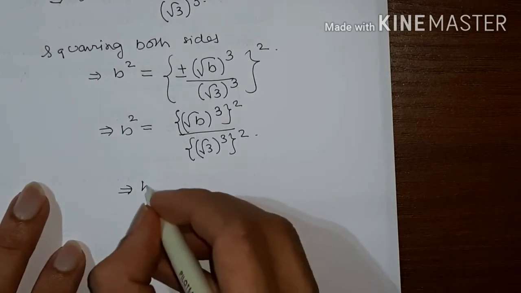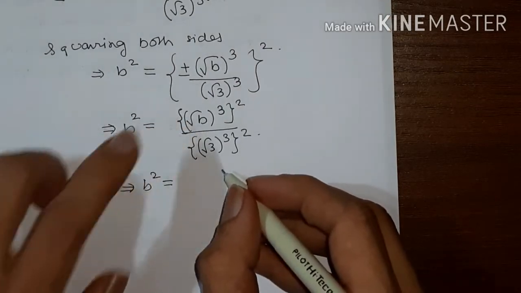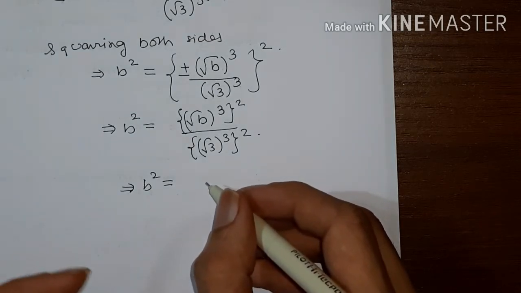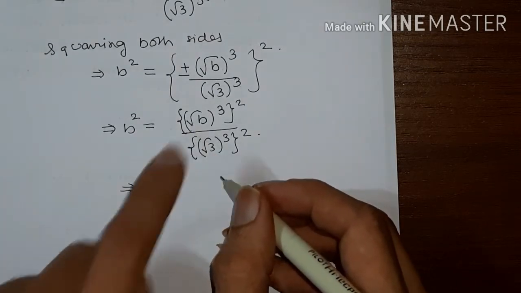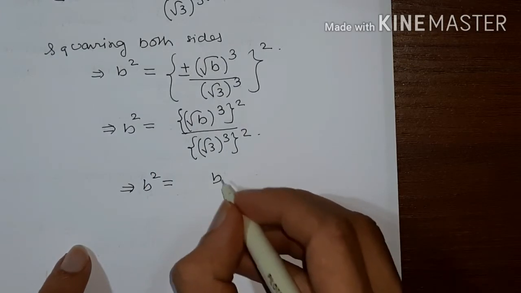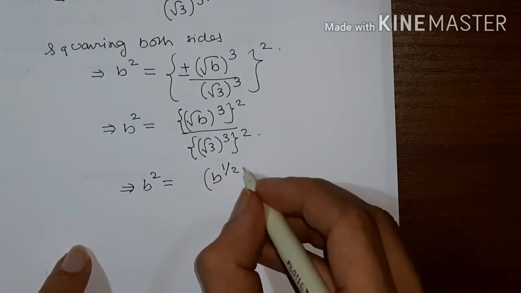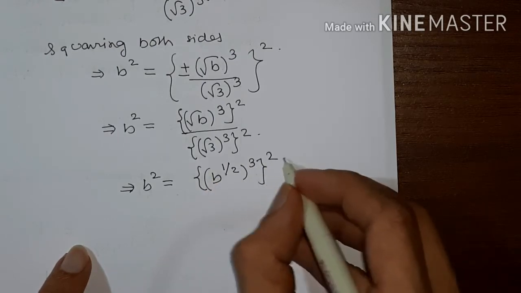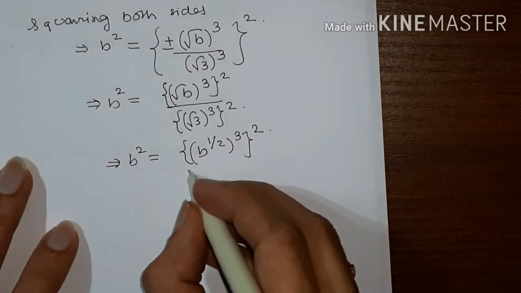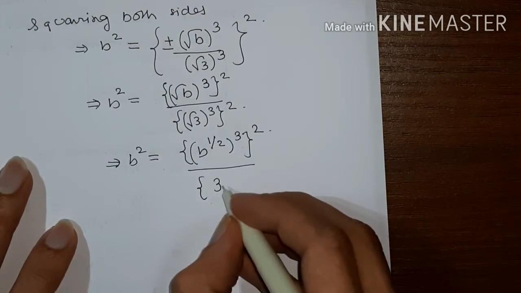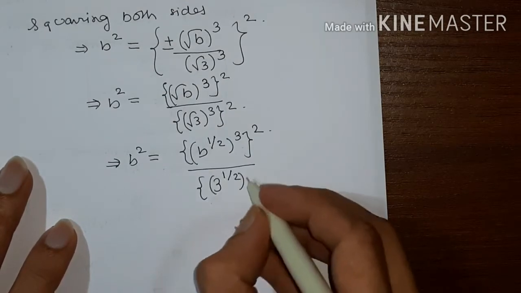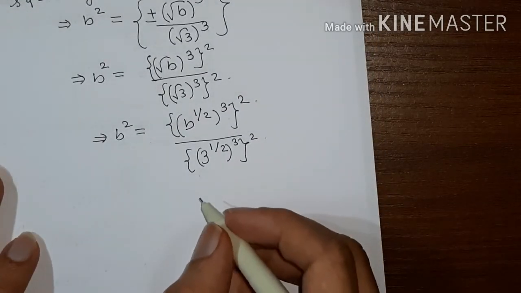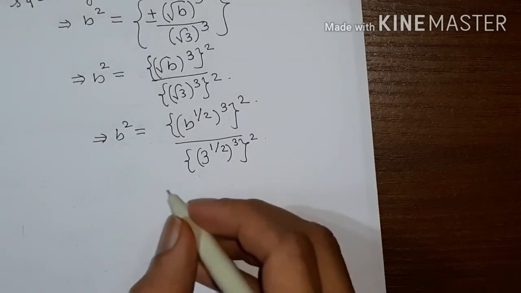Now this is b square equal to, see, root b you can look at as b raised to half, the whole cube, the whole square, and divided by 3 raised to half, the whole cube, the whole square. So this is what we will get.